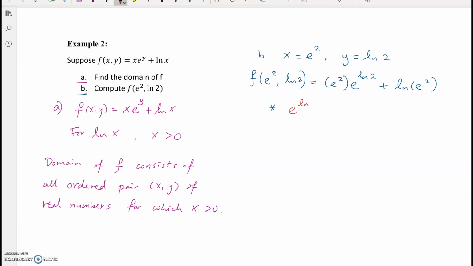Because e to the ln of x is going to be x, and ln of e to the x is also going to be x. So that means e squared times 2 plus 2, which is 2e squared plus 2.